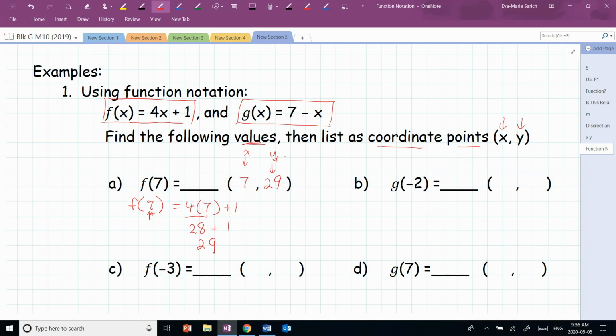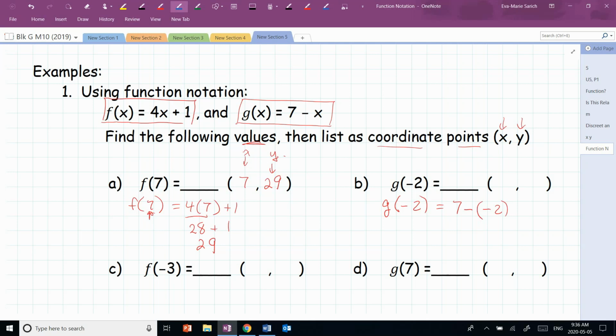Okay? The next function, we're going to use this g of x is equal to 7 minus x. So we're simply going to substitute. So g at -2, we're going to take that function, and instead of the x, we're going to put in our -2 using a bracket. So now we're going to have 7 minus -2.